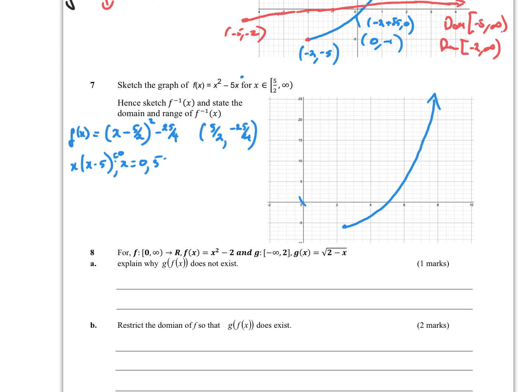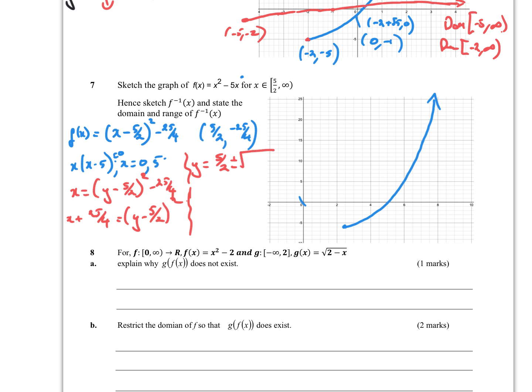So I know that I can put x equal to y minus 5 on 2 all squared minus 25 on 4, x plus 25 on 4 equals, take a square root, running out of room, so I'm going to say y equals, the 5 on 2 goes across, plus or minus the square root of, and again, given that our domain is positive, that means the range of our inverse has to be positive values.